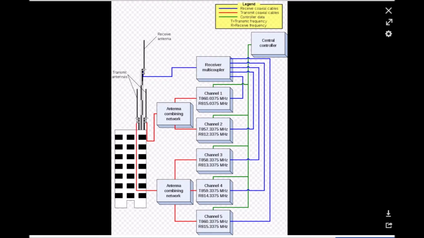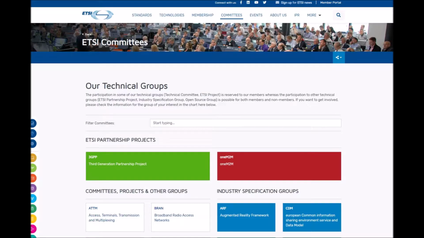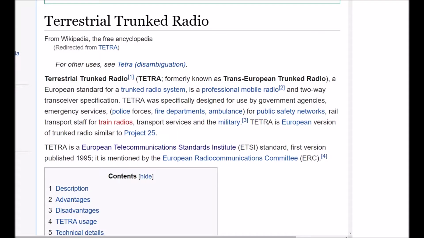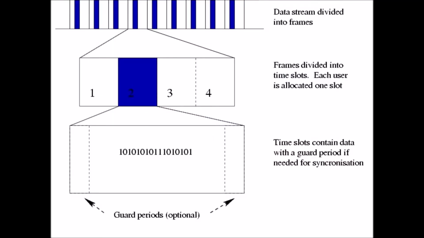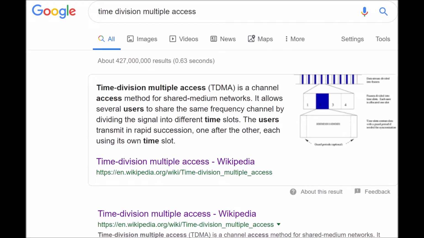TETRA is a European Telecommunications Standards Institute standard, or an ETSI standard, first version published in 1995. It is mandated by the European Radiocommunications Committee, the ERC. TETRA uses time division multiple access, again, that's TDMA, something I think I had a definition for.